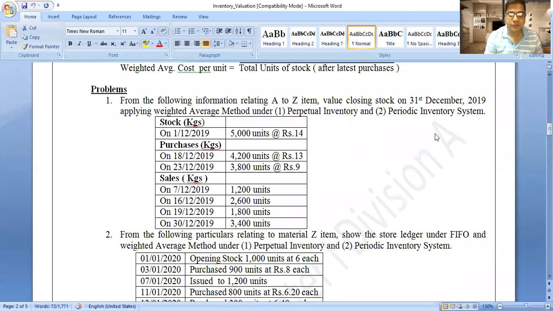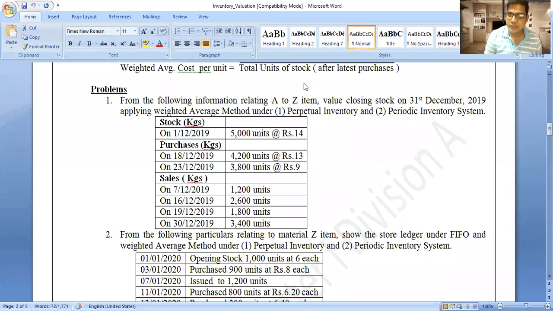From the following information relating to A and Z, find the item value of closing stock on 31st December 2019, applying weighted average method under perpetual inventory and periodic inventory system.